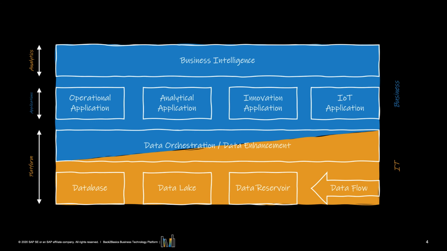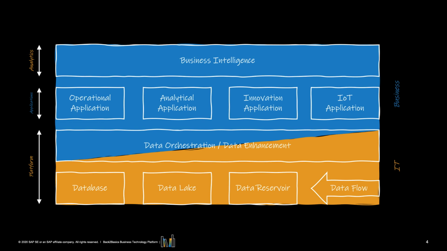Now, the area in blue is basically where the business is interested. The business wants to have functionality for the applications and obviously for business intelligence. The yellow area is where IT is interested, and this is more in the architecture.